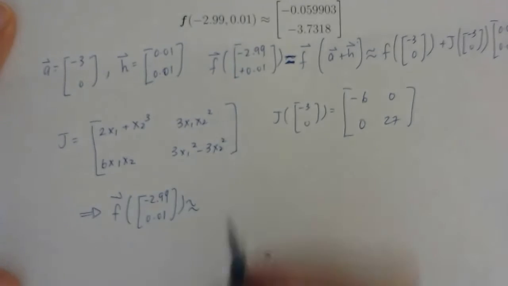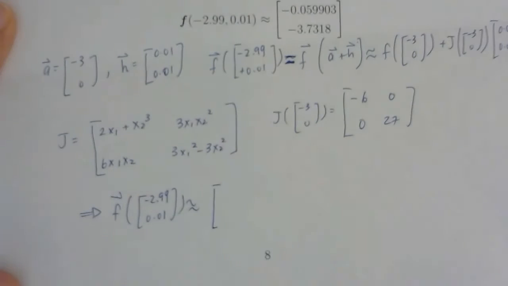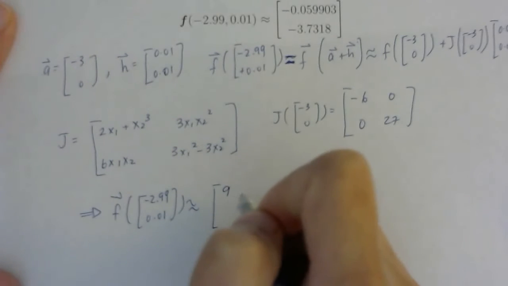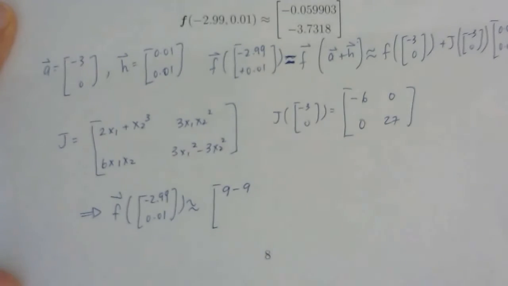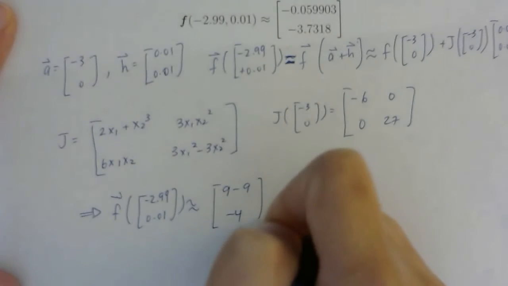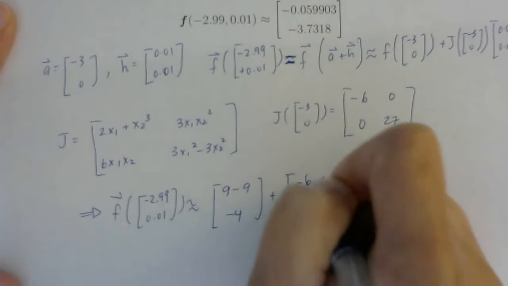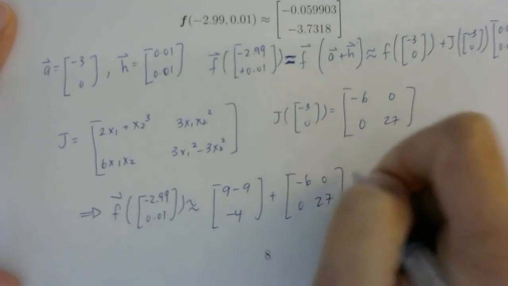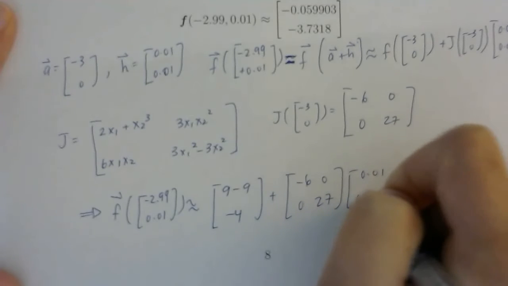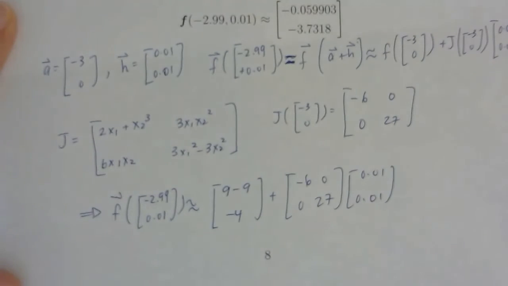If I plug in, minus 3 squared is 9, plus 0, minus 9. And then f2 is 0, 0, minus 4. So 0 and minus 4 plus the Jacobian, minus 6, 0, 0, 27 times 0.01, 0.01.